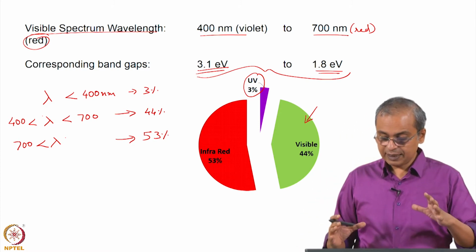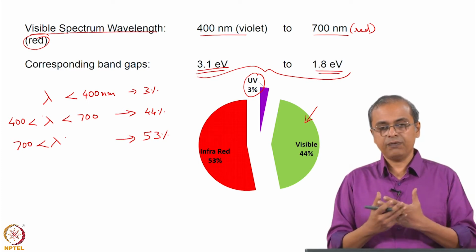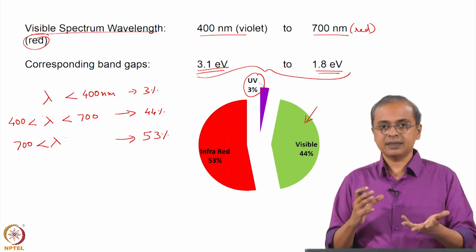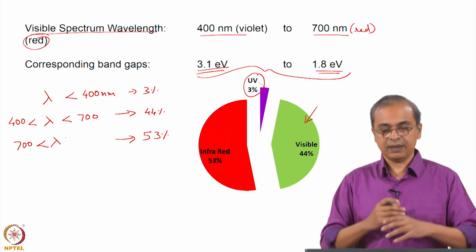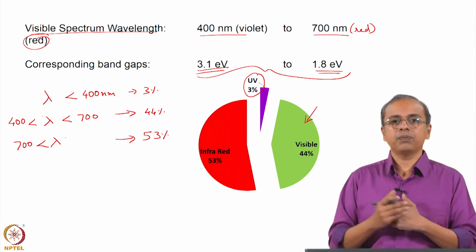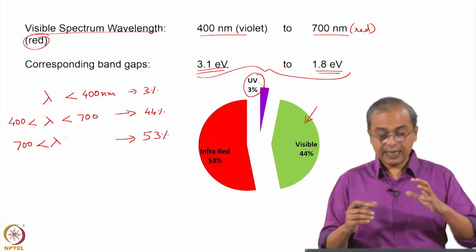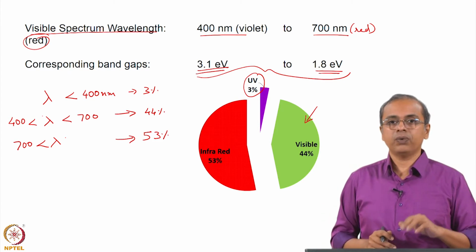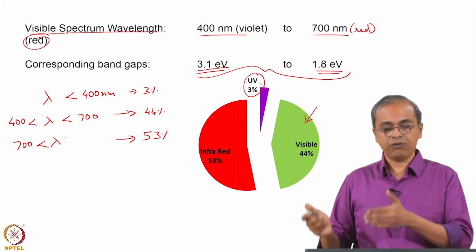Therefore, it is interesting to see if you can take a material and change its band structure so that it absorbs more and more of this complete spectrum, and therefore you can get more and more energy absorbed from the incoming radiation. And in fact, it is in this context that people look at nanoscale materials from the perspective of optical properties.